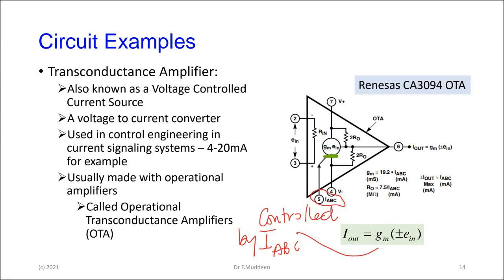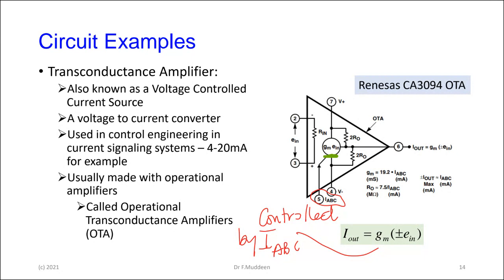If you check the data sheet for this, they explain very nicely how it works. But basically, the output is GM times EN. EN is a differential voltage coming into the device from whatever it is.